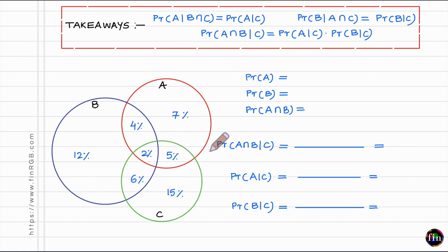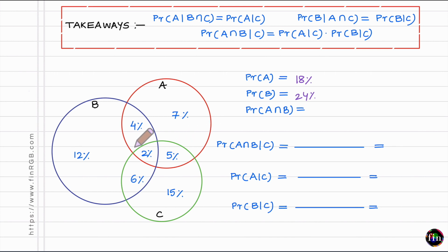Let's first check if A and B are unconditionally independent or not. What is probability of event A? It is simply 4% plus 7%, 11% plus 7%, so 18%. So probability of event A is 18%. Probability of event B: 12 plus 4, 16 plus 2, 18 plus 6, 24%.